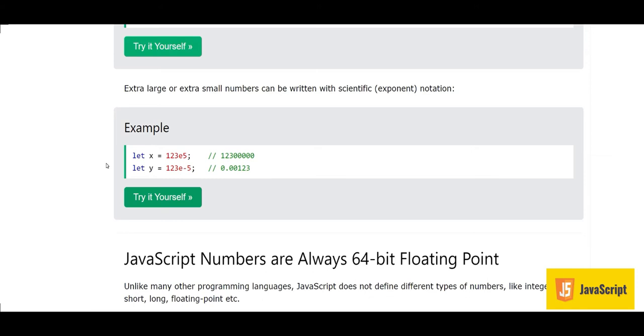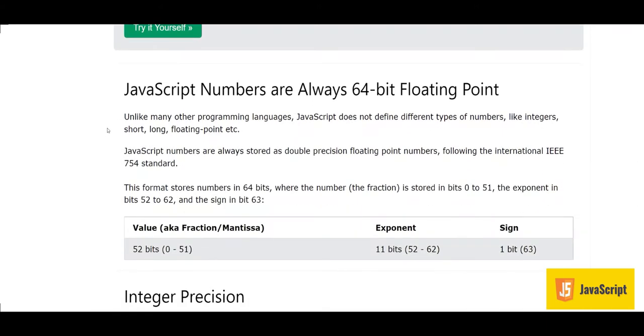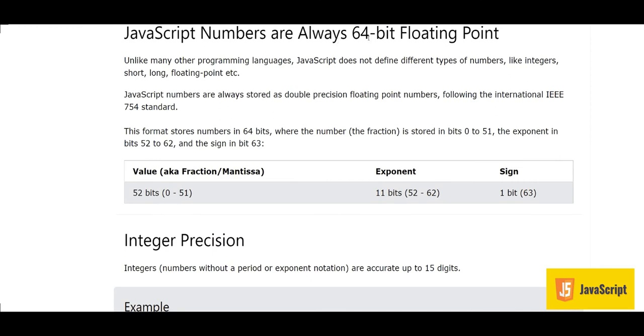So next, the next concept is how numbers are actually stored in JavaScript. For your information, JavaScript numbers are always 64-bit floating point numbers. As you know, in many other programming languages like Java or C++ or Python, you have different types of numbers like integers, short, long, floating point, etc. But JavaScript does not define different types of numbers.